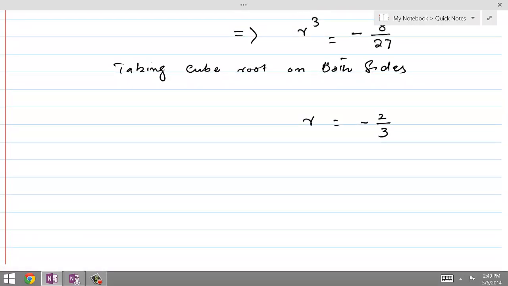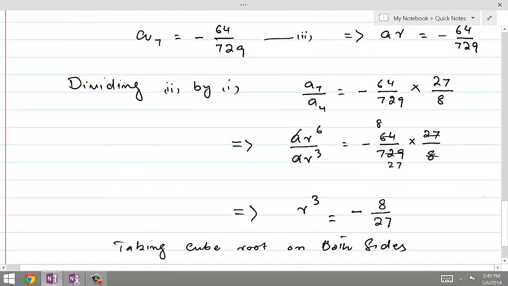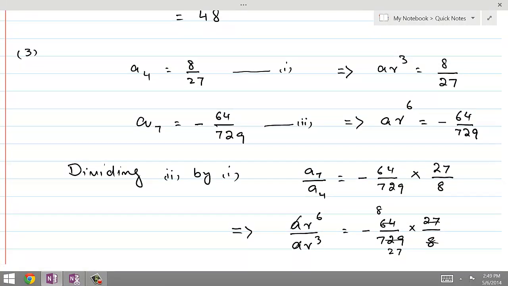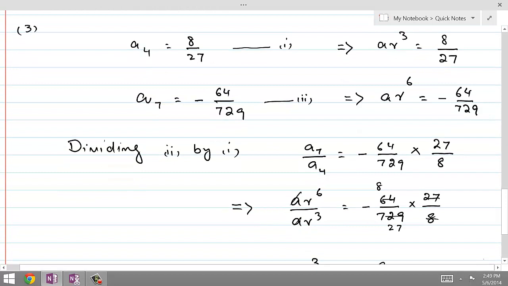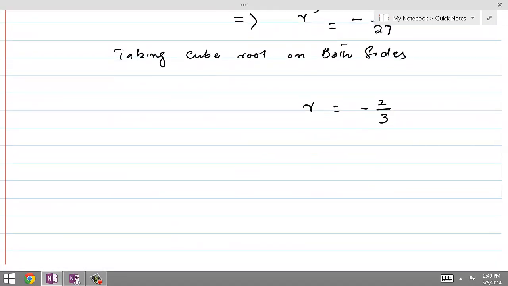And if that is the value of r, we can put this value of r into equation 1 and let's see what we get for a.